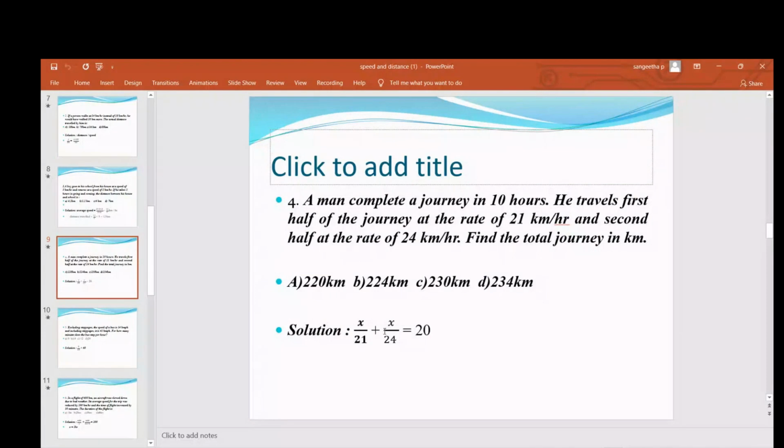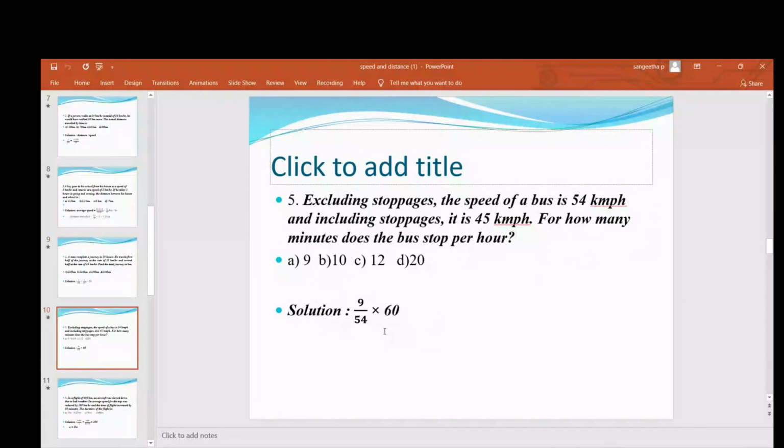Problem number 5. Excluding stoppages, the speed of a bus is 54 km per hour, and including stoppages, it is 45 km per hour.